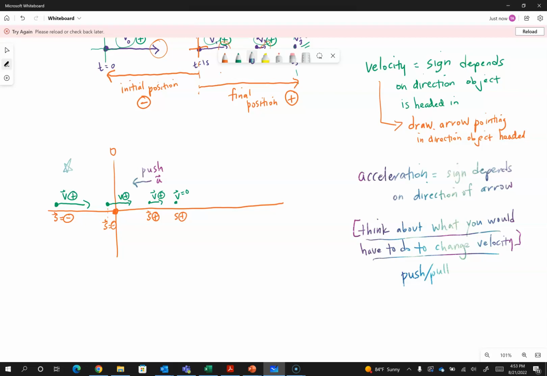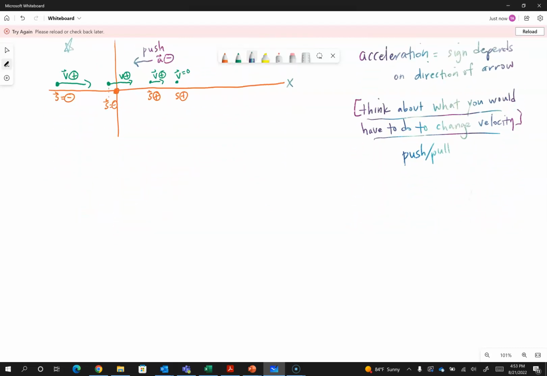Now, granted, a car driving down the street is not somebody pushing on it, but there is a force opposite the velocity that's making it slow down. In this specific coordinate system, because that acceleration vector points to the left, that acceleration is negative. And again, that just has to do with this whole x-axis, to the right positive, to the left being negative.